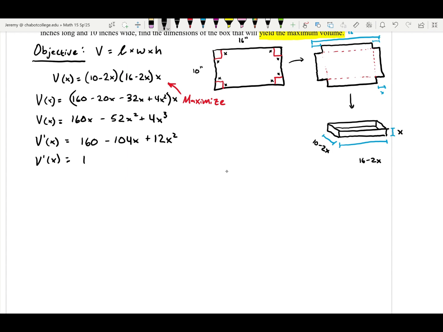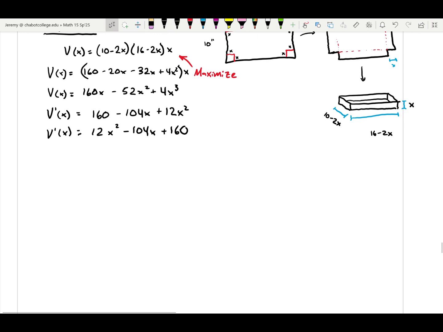Since I'm going to set this equal to 0 and solve, I might write this in general form. And I get that. And now it's time to find some critical numbers. So let's set this equal to 0 and solve.